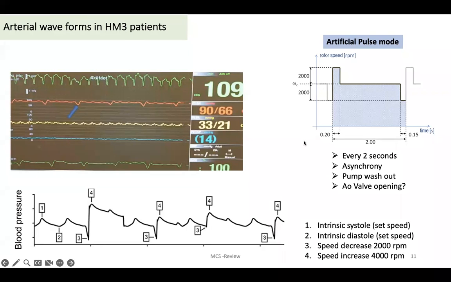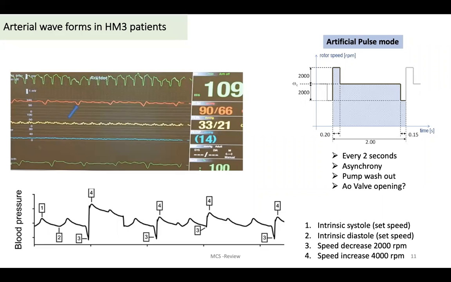One particular feature of the HeartMate 3 is called the artificial pulse mode. Basically, every 2 seconds, the speed of the rotor will decrease by 2,000 RPM for a fraction of a second, and then right after it's going to increase by 4,000 RPM, and then go back to baseline.